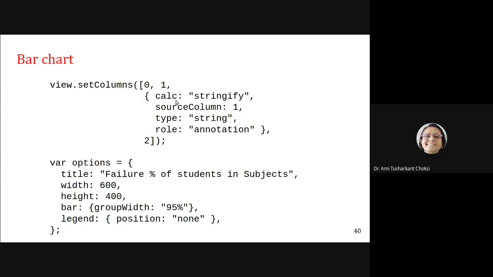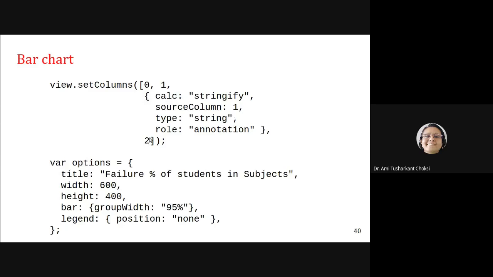What do we do for that? Calc stringify. Source column is 1, type is string, and role is annotation, right? We are specifying the columns and giving the specification here, right? And comma 2. For 0 and 1 column, we are specifying what they are.